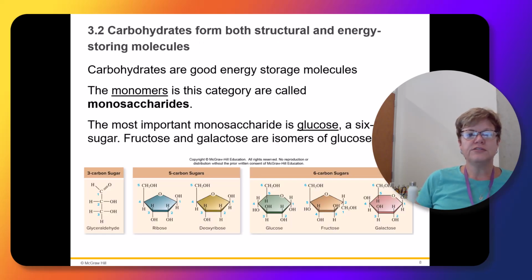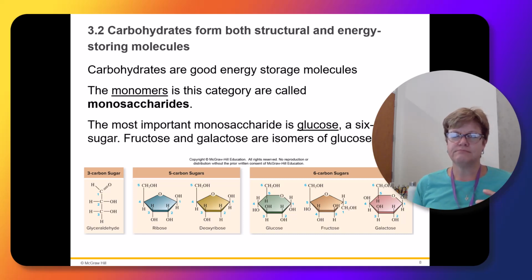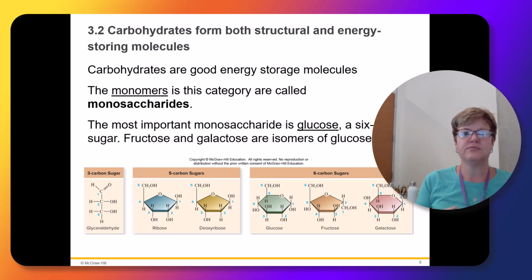So we're going to move into our first category, carbohydrates. Carbohydrates as a category has maybe a little more information in this chapter than some of the other categories. But for each of the categories, we're going to get some familiarity with the monomer, or maybe an example monomer.